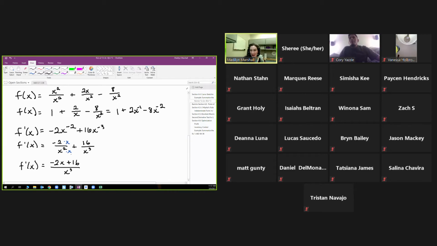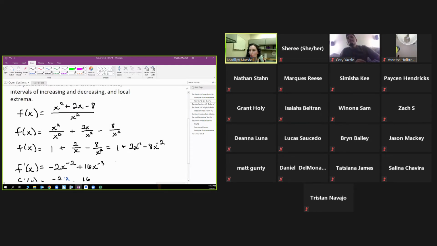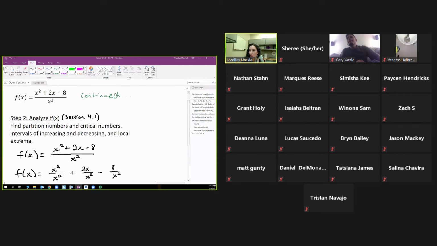So finding f prime is like a little problem in itself, but we haven't actually found any of the things we need in step 2 yet. So step 2, we're trying to find partition numbers, critical numbers, and intervals where the function is increasing and decreasing, and local extrema.